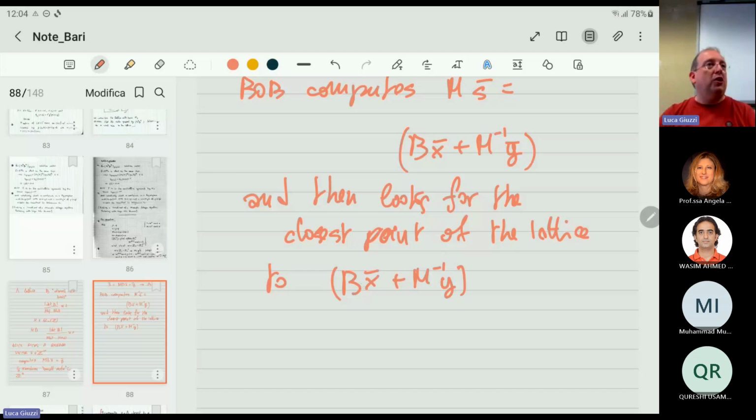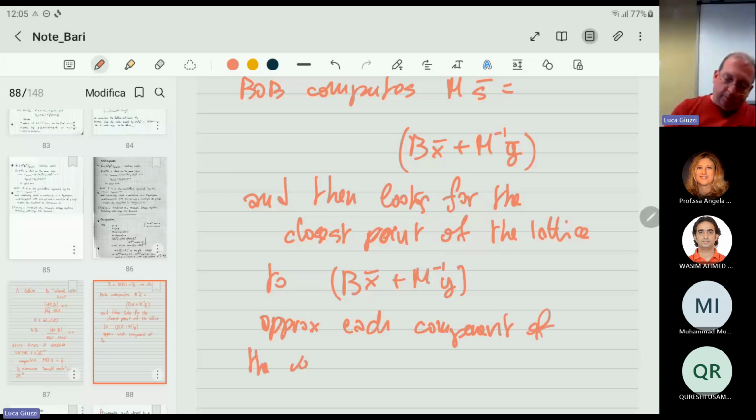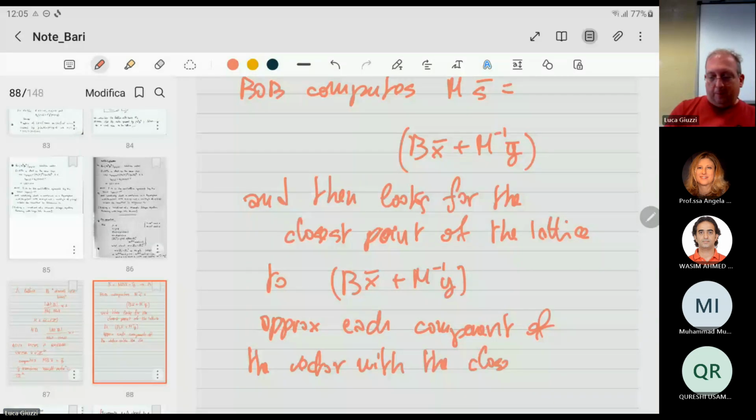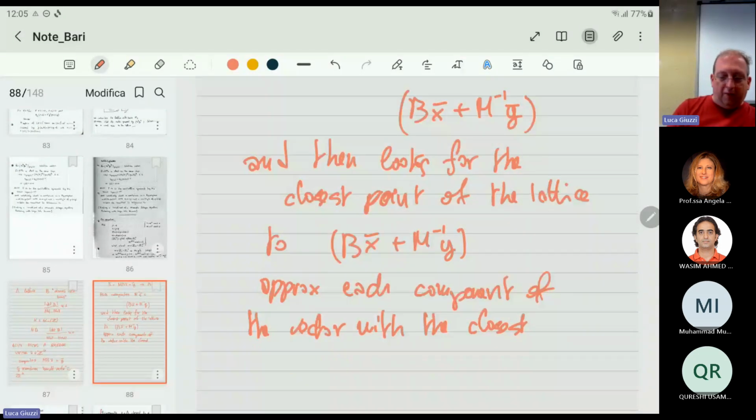So this approximation problem is basically to approximate each component of a vector with the closest integer allowed by lambda.